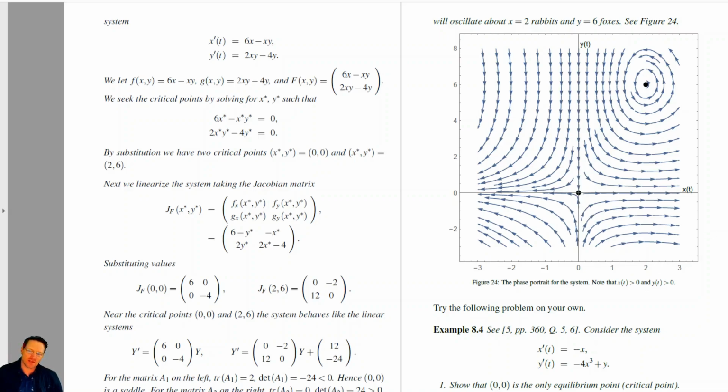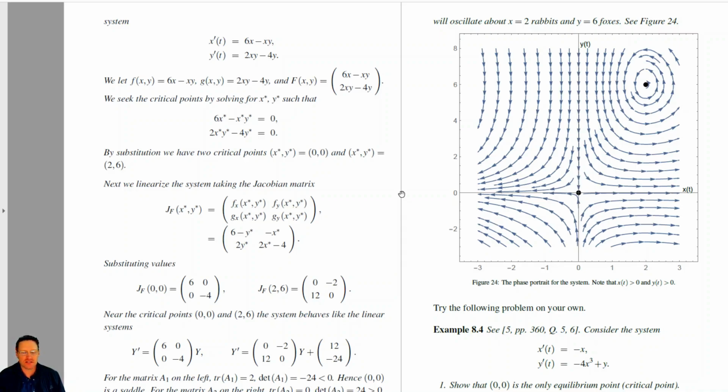So for example, if you have an initial value problem that starts in the top left quadrant, then the trajectories tend down and away. They go out here, right? So in other words, you get x going negative and y staying positive.